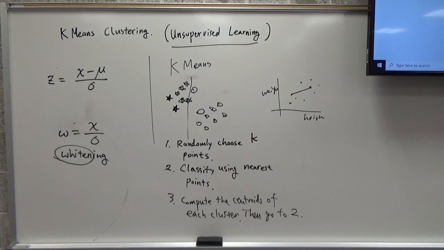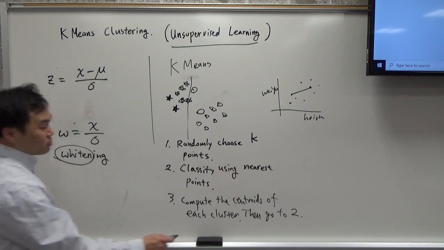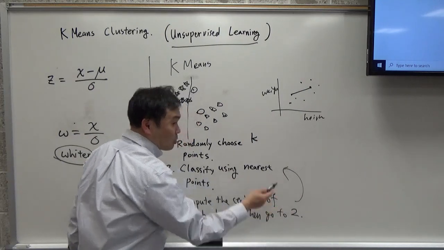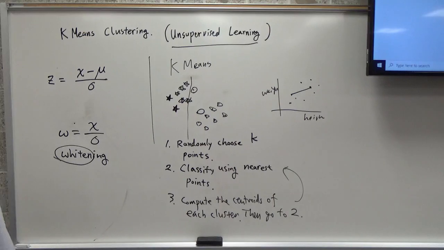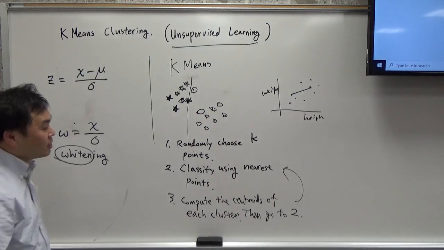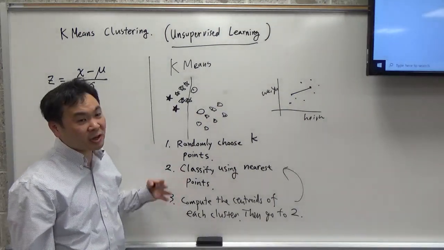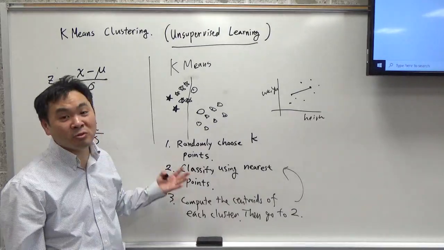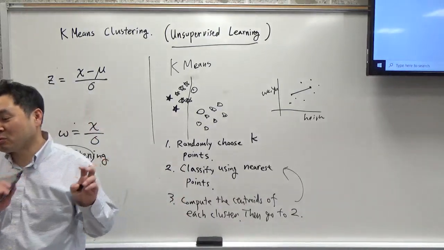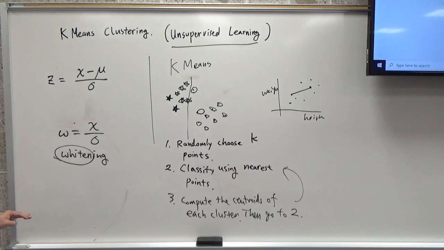Okay? Go to step 2. So you just keep doing this over and over, okay? Until this process cannot be improved anymore. But what does it mean to be improved? That I'll tell you later, okay?